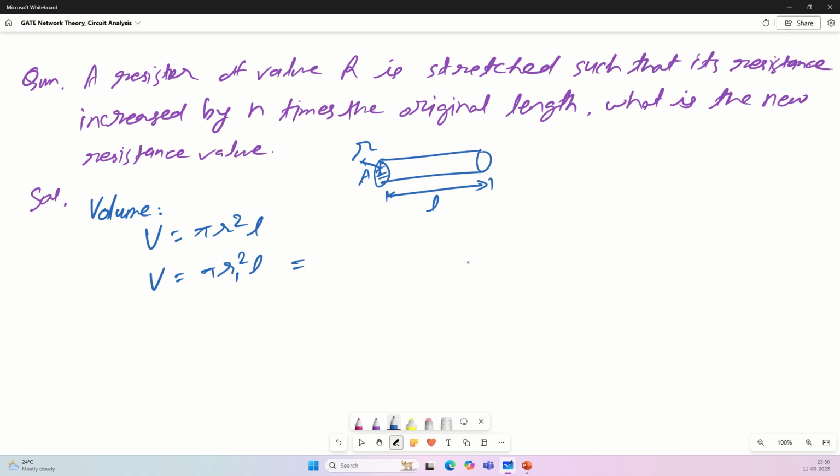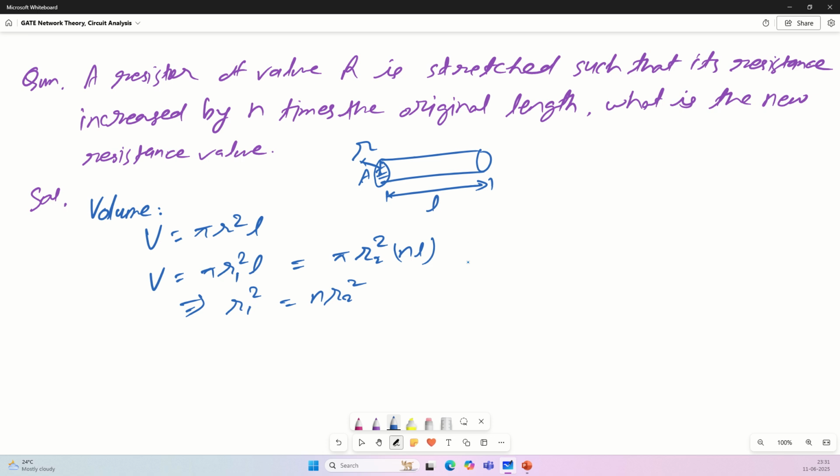The new volume will be pi r2 square into nL, because the length was increased to n times. Both the volumes will be the same. It means r1 square is equal to n r2 square, as pi and L get cancelled. Got it?